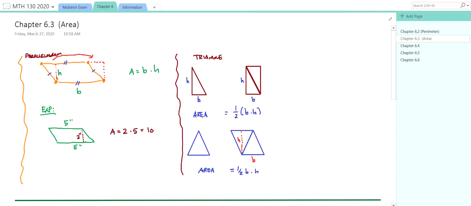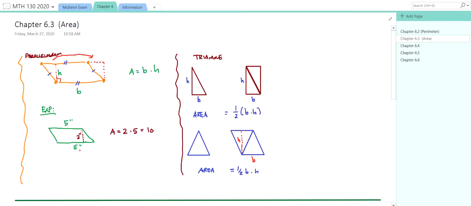So this distance here is perpendicular, so a right angle there. So that turns out to be the area of a parallelogram. And the way you can see that works is, if you take this little triangle here, where I have this dotted line, and you chop it off, you could move it over here, and you'll see that it makes a perfect rectangle. And we already know that the area of a rectangle is base times height.